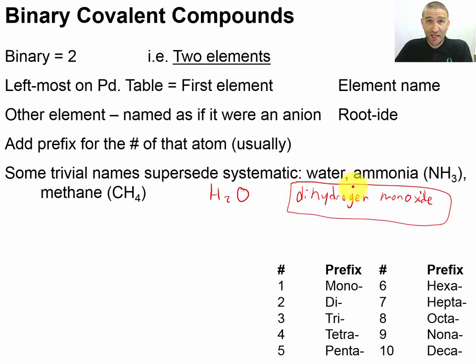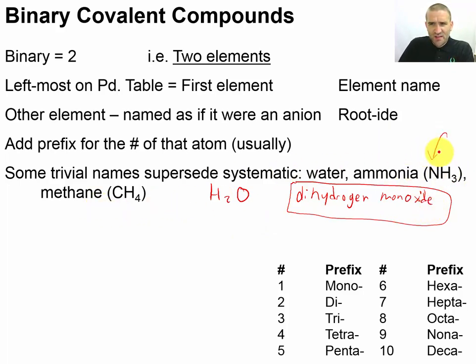If you inhale water, it will do some damage. It's kind of having a little bit of fun with people. It's a fun one to go read, and it's a good way for you to remember a binary covalent compound that you'll know the systematic nomenclature for. Water is dihydrogen monoxide.